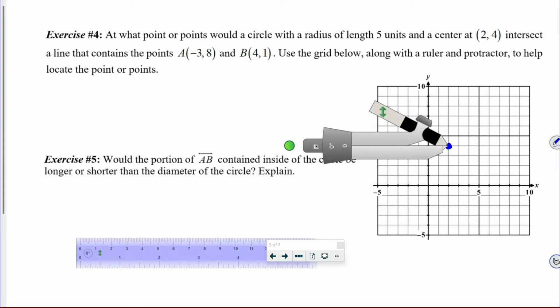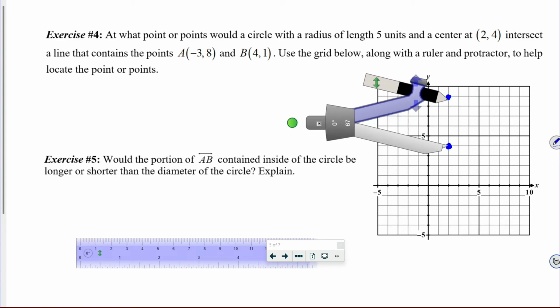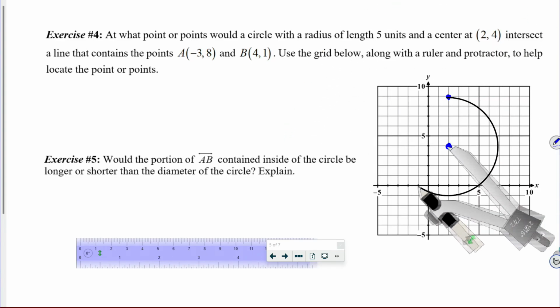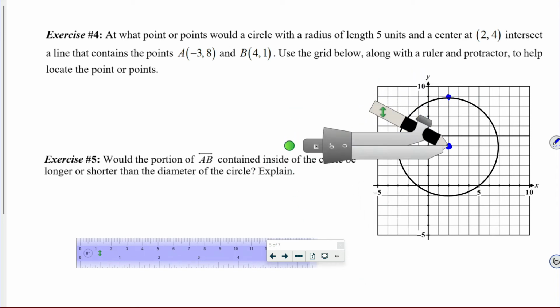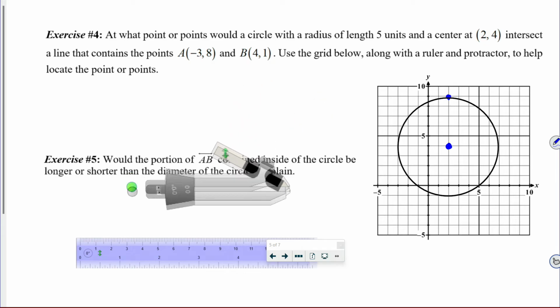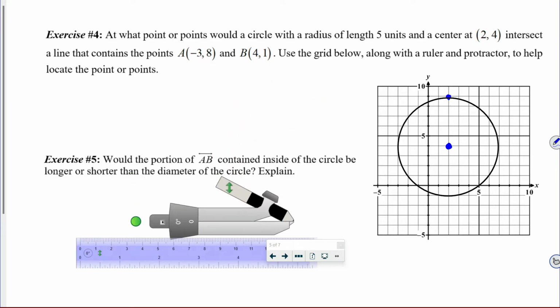Maybe I'll mark a point that's 5 units away. 1, 2, 3, 4, 5. So I need to stretch my compass out to this point. All right, perfect. And then I need to draw a curve, a circle, that has that radius. Okay, great. So there's my circle. I don't know that it quite got there, but I think it'll get the job done.